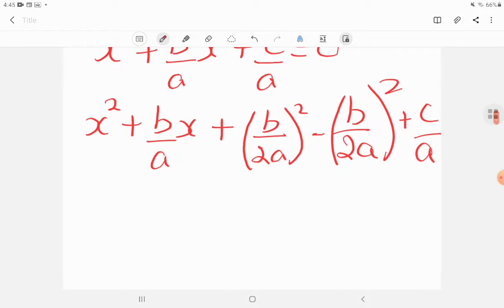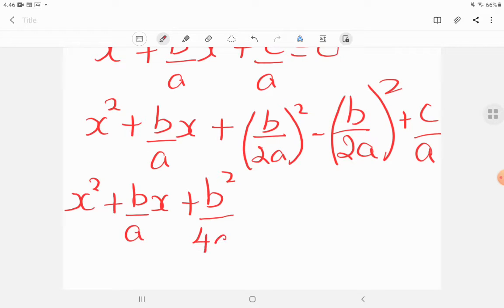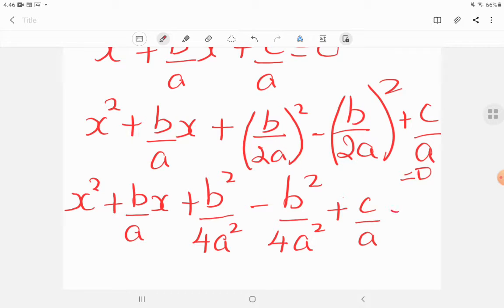The next step, we expand the bracket. So you have x squared plus b over a x plus b squared over 4a squared, minus b squared over 4a squared, plus c over a, is equal to 0.